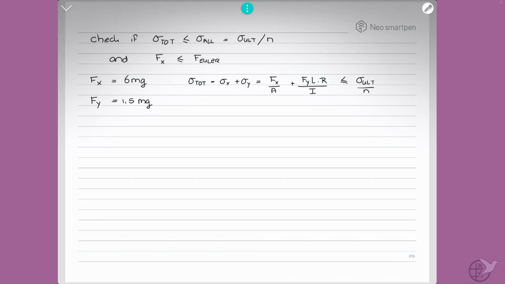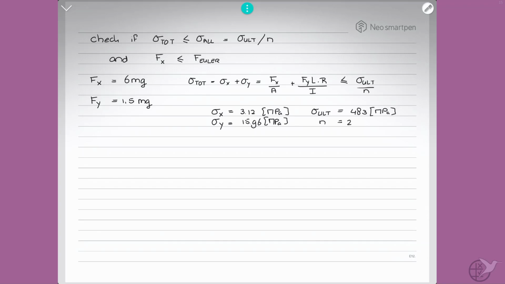Now, if you substitute all the numbers that we found earlier, what you get is that sigma x is equal to 3.12 megapascal. Sigma y is then equal to 15.96 megapascal. And the ultimate stress for aluminum is given as 483 megapascal, and our safety factor N is equal to 2.